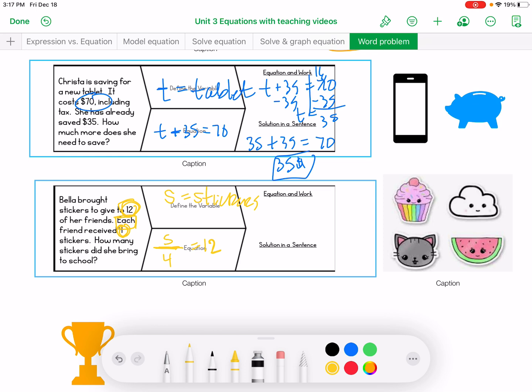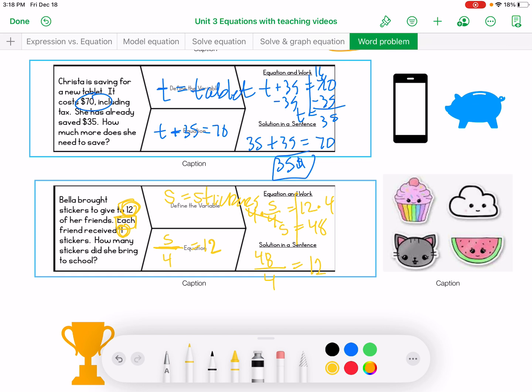Okay? And then now we're going to solve. Times 4, that cancels out. And S is equal to 48. 48 divided by 4 is equal to 12. Bella brought stickers to give to 12 of her friends.